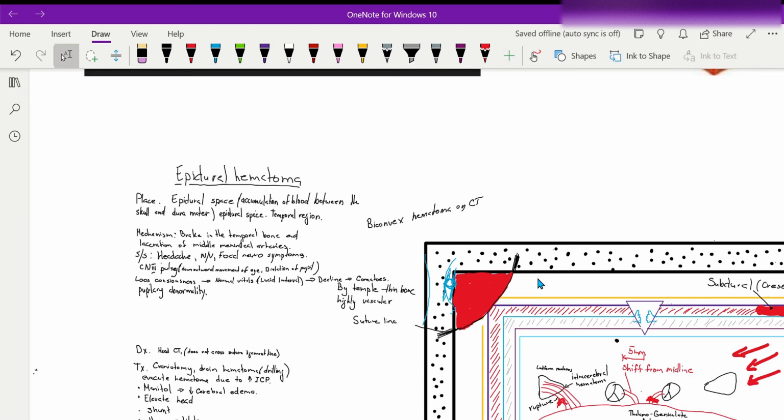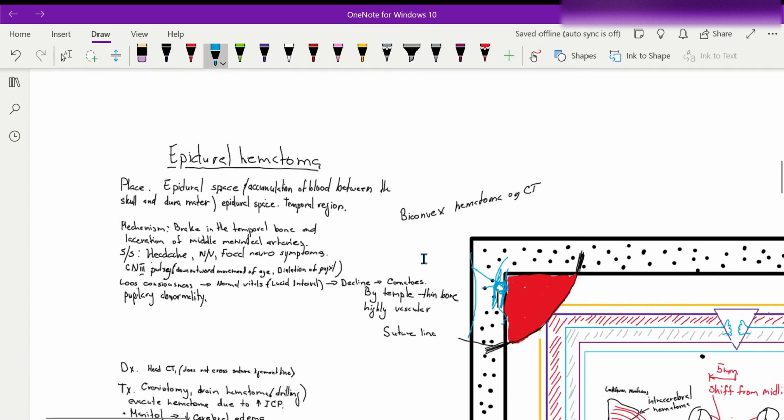When the bone in the temporal region breaks, it punctures that artery, and the artery leaks into the side of the skull, pushes on the brain, and on the CT scan you will be able to observe a lens-shaped hematoma. So it occurs above the dura.